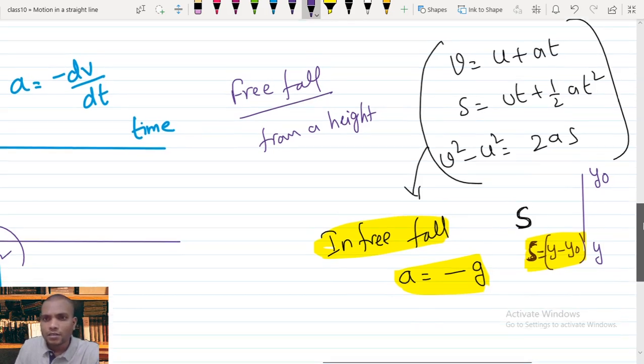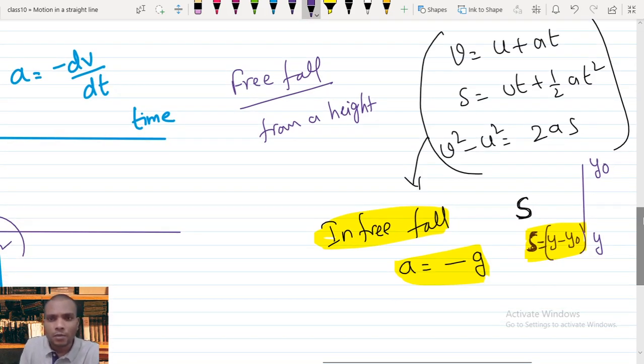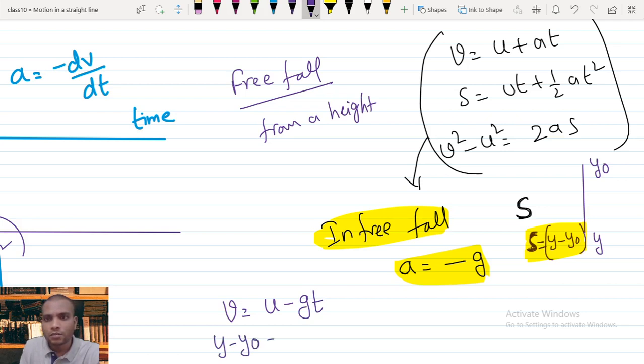By taking these changes, the above three equations will change. In free fall condition, v equals u minus gt, s, which I can write as y minus y naught, equals ut minus half gt square, and the third equation, v square minus u square, equals minus 2g times y minus y naught.